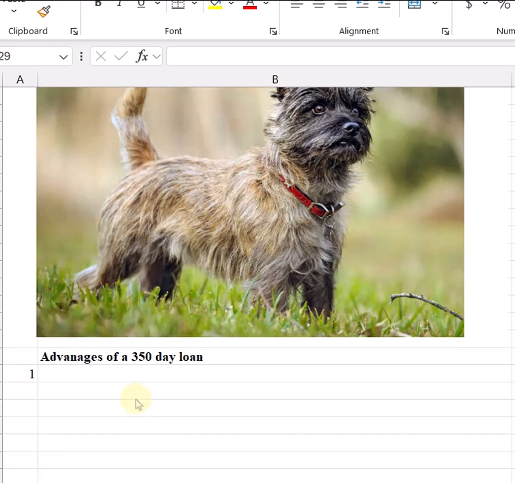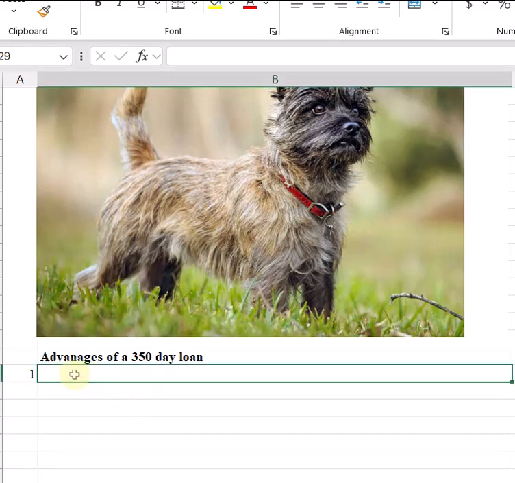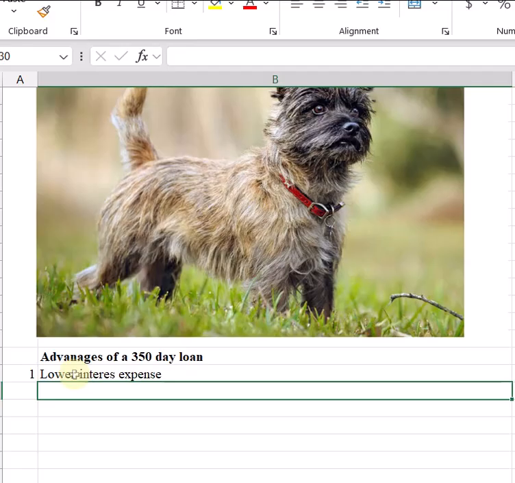Okay, so let's start off with the advantages of a 350-day loan. First, there would be lower interest expense. Short-term loans typically have lower interest rates compared to longer-term loans, and so that could potentially reduce the company's overall borrowing cost.